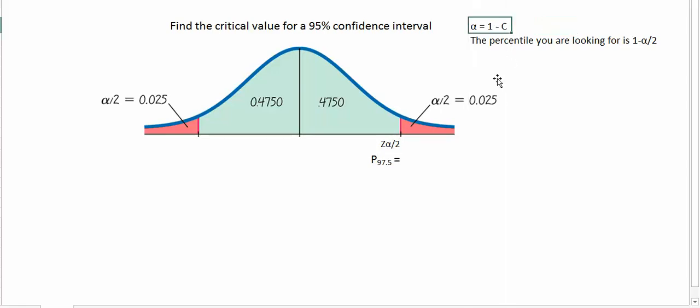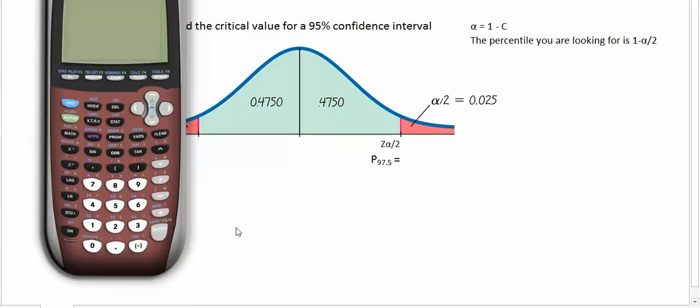So what I can do is just take 100% minus my confidence level. So if I turn on my calculator here and do 1, well, you can do this in your head actually, but I can do 1 minus 0.95, but of course you don't need a calculator for that, you get 0.05. So my alpha is 0.05.